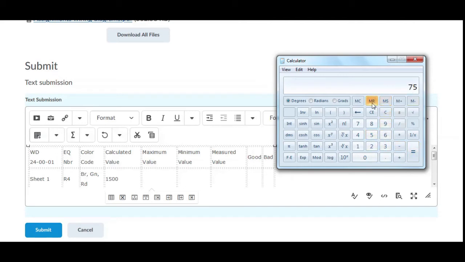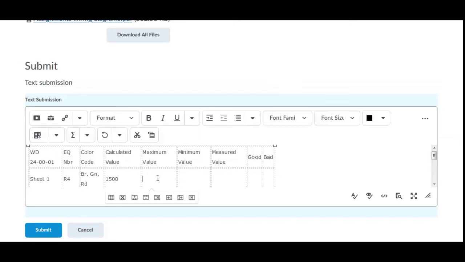I'm going to put that into my memory. 1,500 plus memory recall of 75, the answer is 1,575.